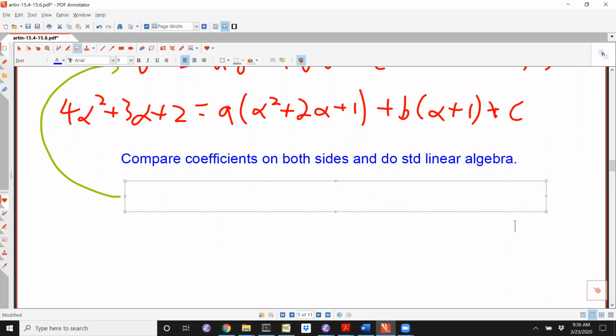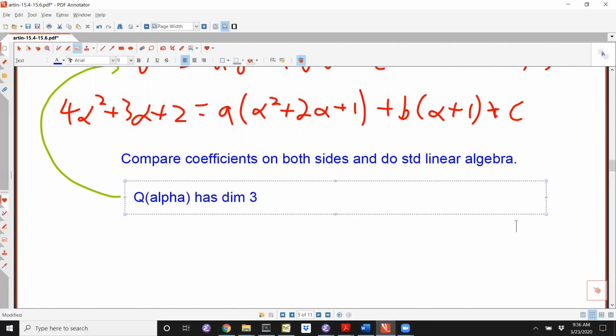Q of alpha has dimension 3 over Q, and in fact, we know that alpha squared, alpha, and 1 are a basis.